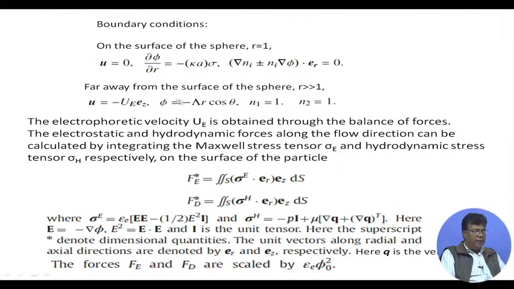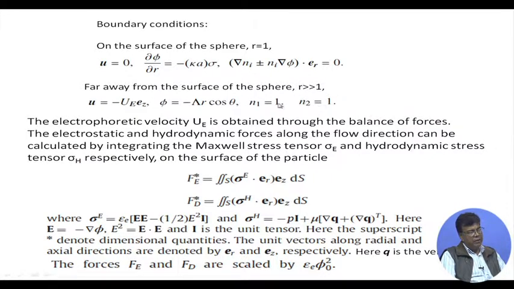Far away from the surface of the sphere, that means when r is many times greater than 1, u is approaching minus u e. Again, we are taking the particle to be stationary and the fluid is approaching towards the particle, and phi is becoming the imposed electric field, and these are the bulk values, because this is far away from the sphere.